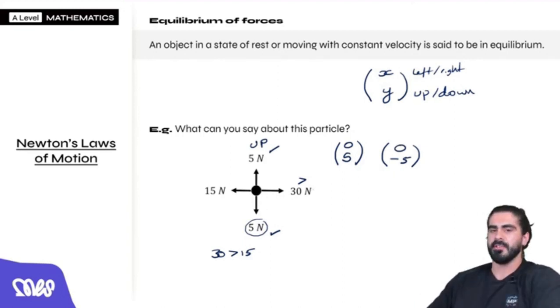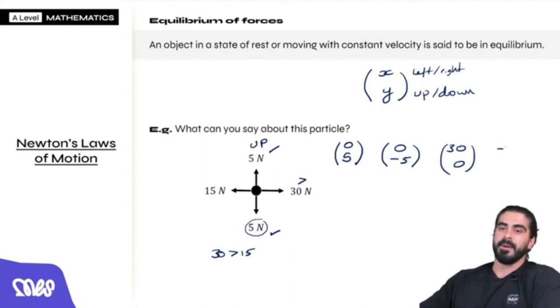This 30 newtons, you see it's pointing to the right. That's in the positive x-axis. So it'll be 30 in the x and nothing on the y because there is no y movement. And finally, 15 is pointing left. So it'll be -15 and 0.